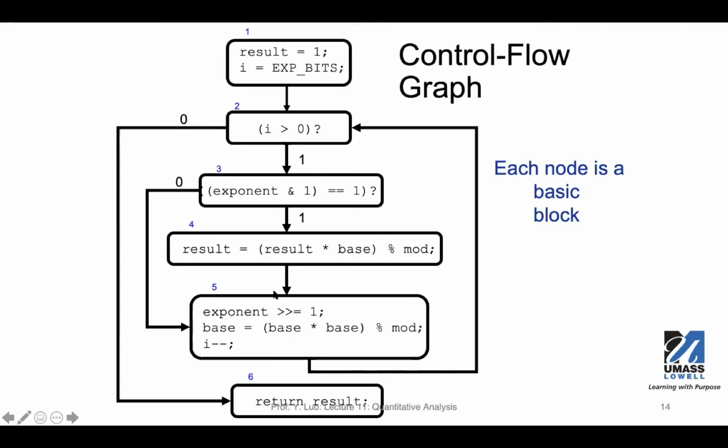No matter what, the next basic block will be these 3 lines: exponent right shift, base squared and taken modulo, and then decrement I. These three lines of code are put into one basic block because there are no branches among them. All these three lines will be executed together.